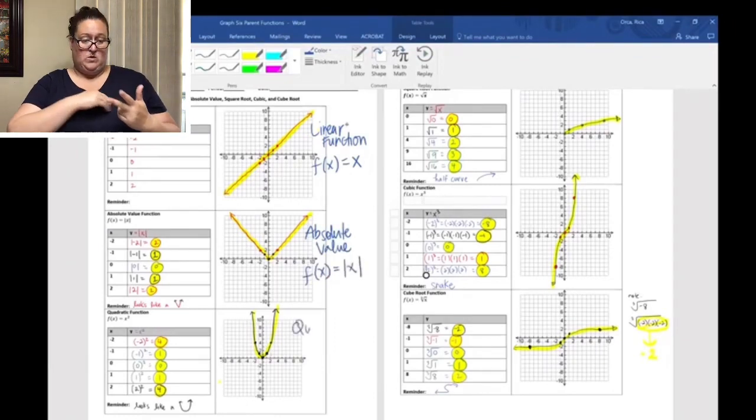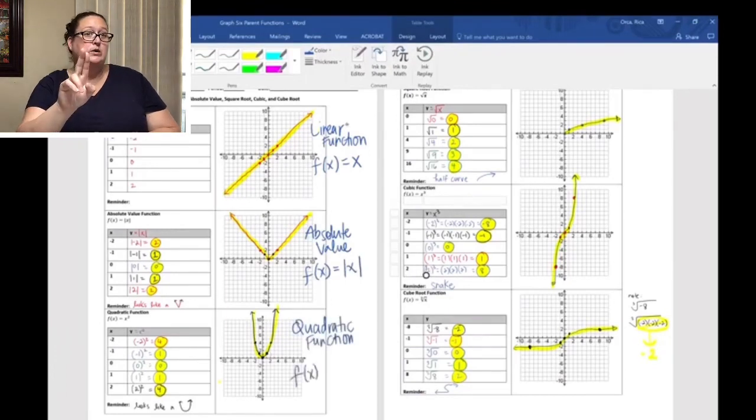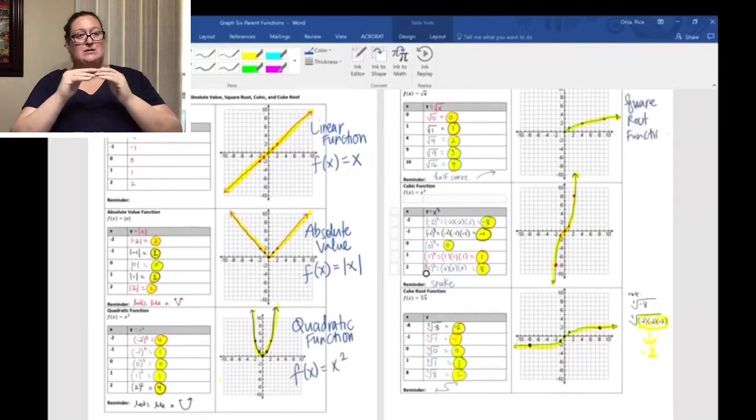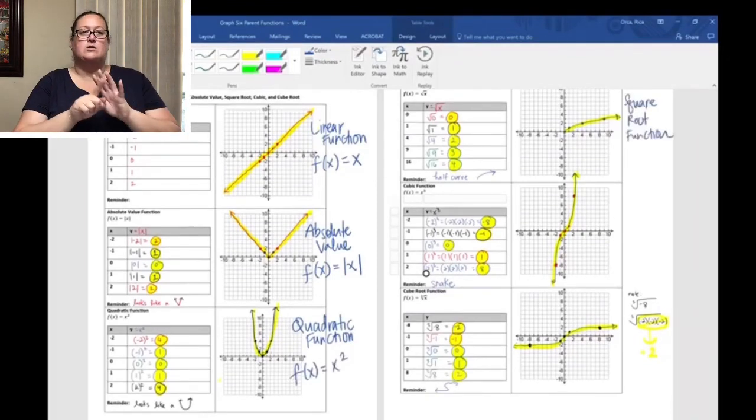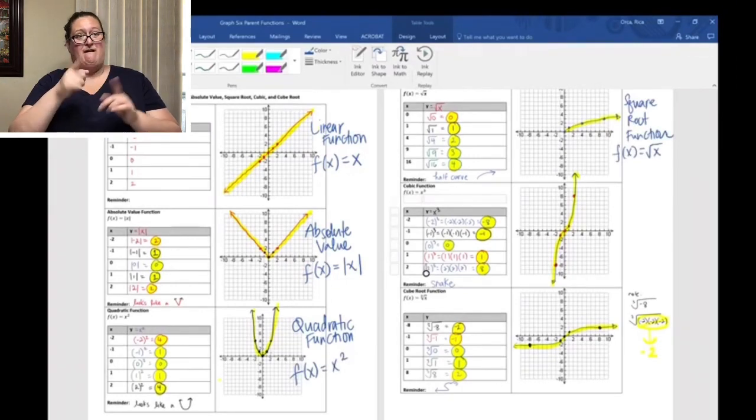We have our quadratic function. Our quadratic function looks like a u, and that is f of x equals x squared. We also have our square root function, which is f of x equals the square root of x. And remember, that's going to look like a half curve.